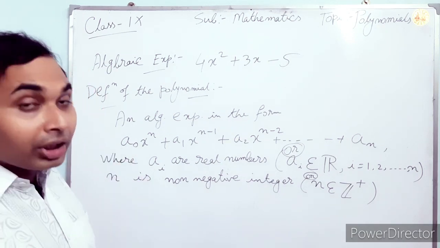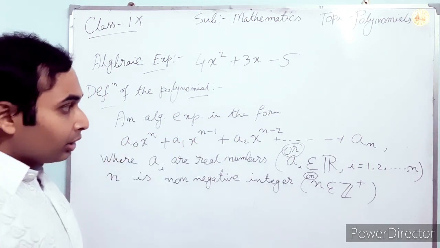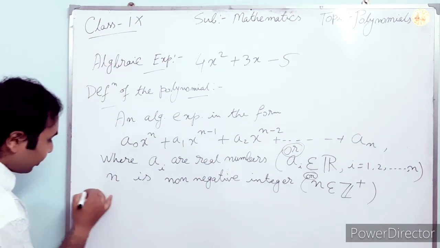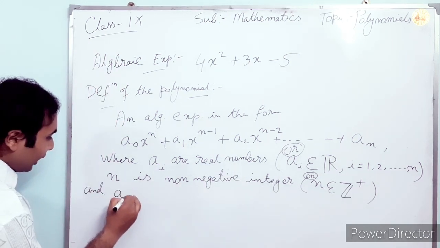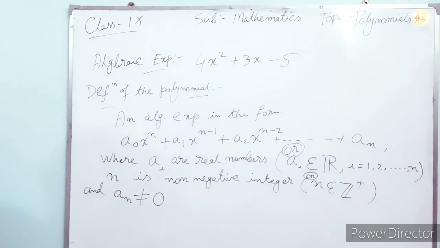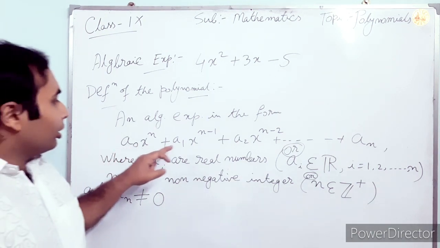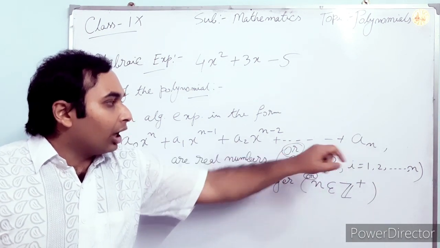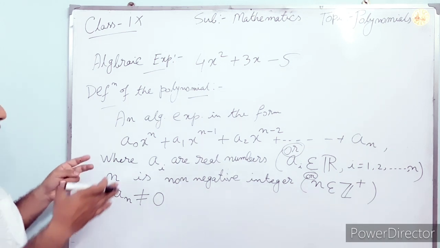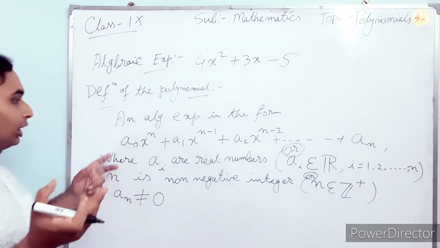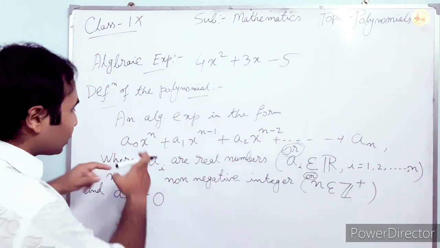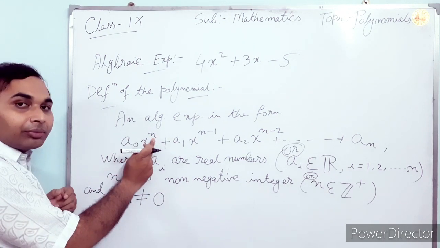Very much important. I am saying you why important. I will give some examples. So n is an integer and an not equals to 0. That means here no term will be 0. Those are the coefficients, those are the variables, those are the indices of the variables.